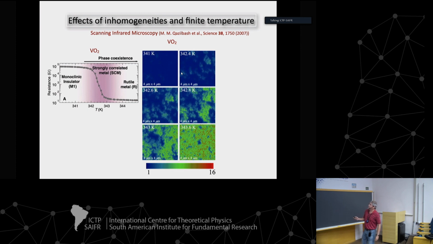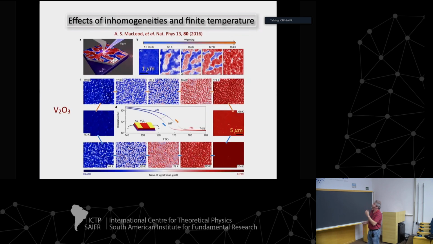As you go through the transition, you see the formation of these puddles of metal and insulator. Here, the blue is low conductivity, the red and green is larger conductivity, so you can say you have domains of Mott insulator coexisting in the transition region with domains of a correlated metal. This has been seen in V2O3 as well, with the same technique.